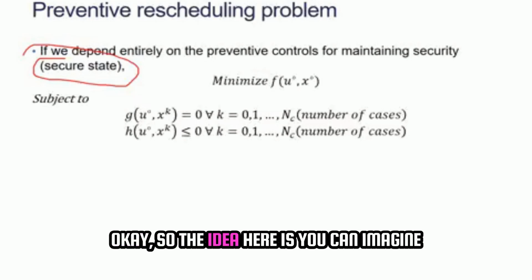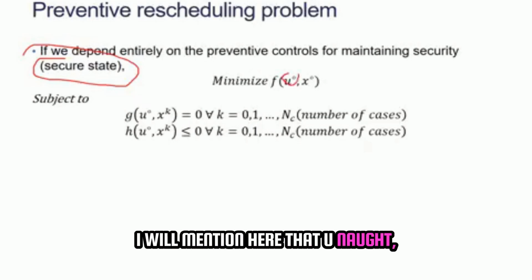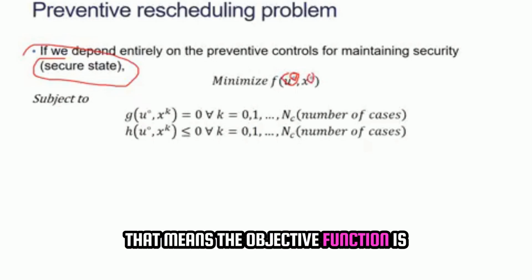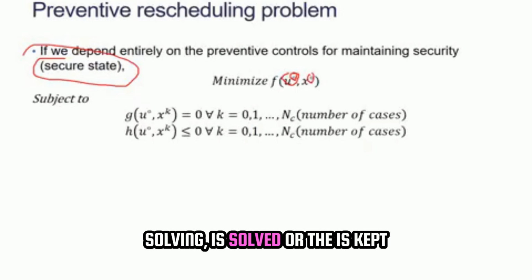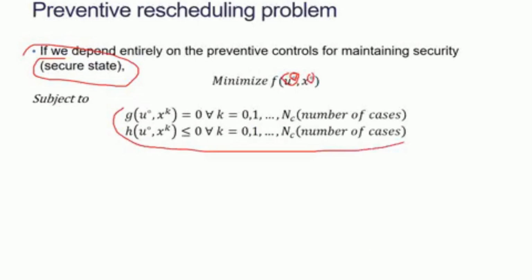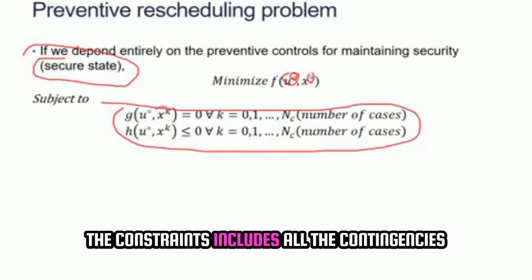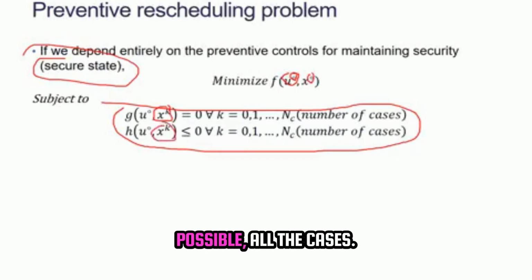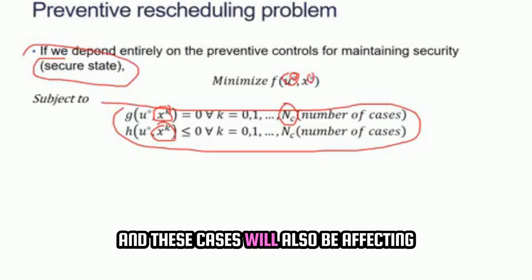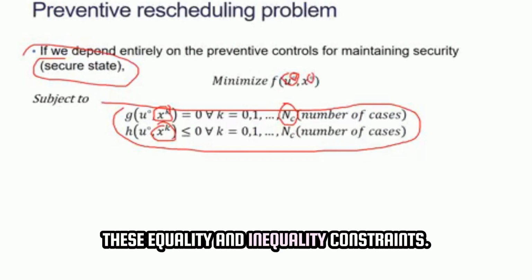Okay, so the idea here is, I'll mention that the objective function will be u naught, x naught. That means the objective function is kept to minimize the cost on the base case, but all the constraints include all the contingencies possible, all the cases you can assume, and these cases will also be affecting these equality and inequality constraints.